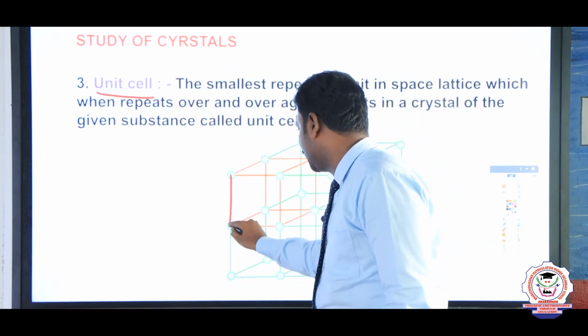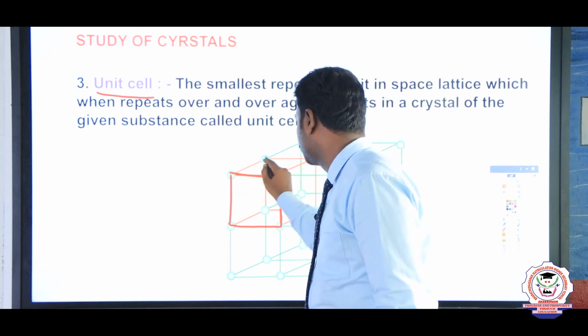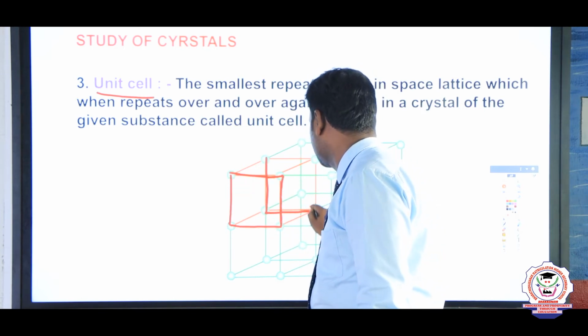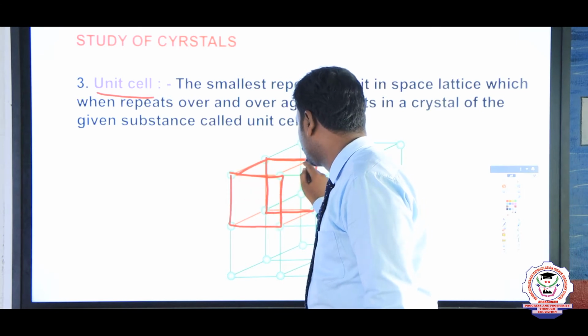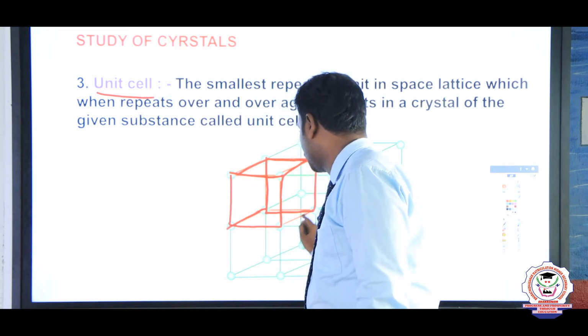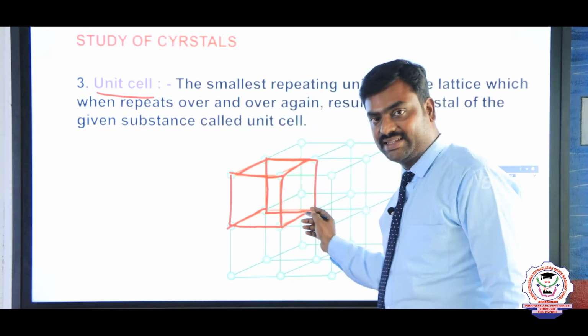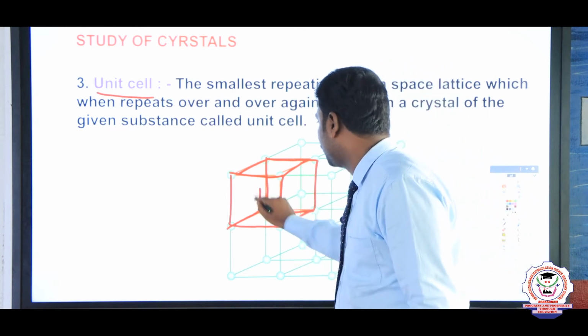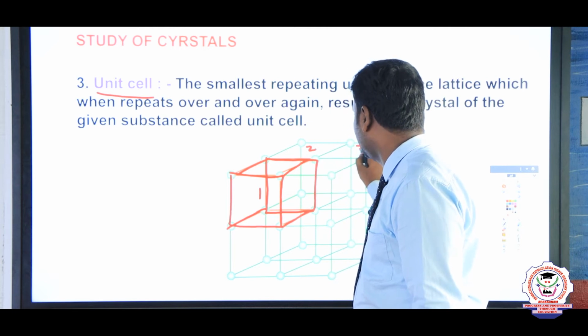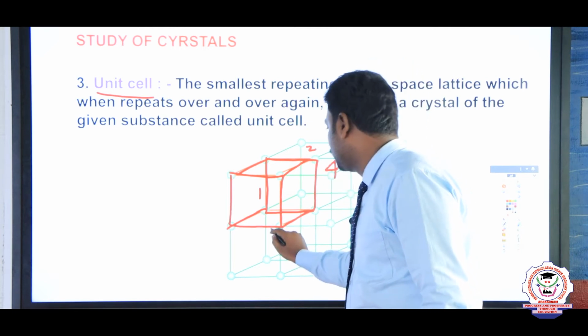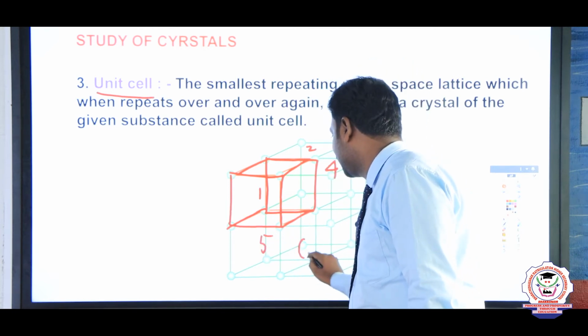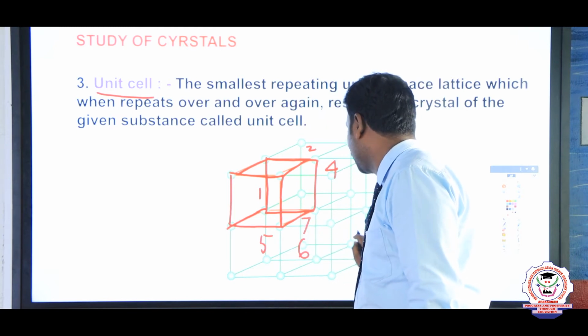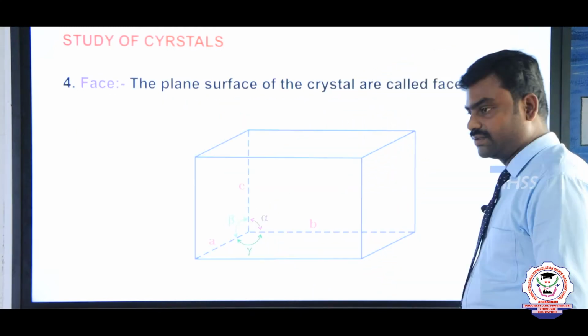See here, there is a cube, and this cube in the space lattice has 8 repeating units. This is the first one, and second, third, fourth, and fifth, front, and sixth. At the back side we have the seventh one, and the last one, eighth.